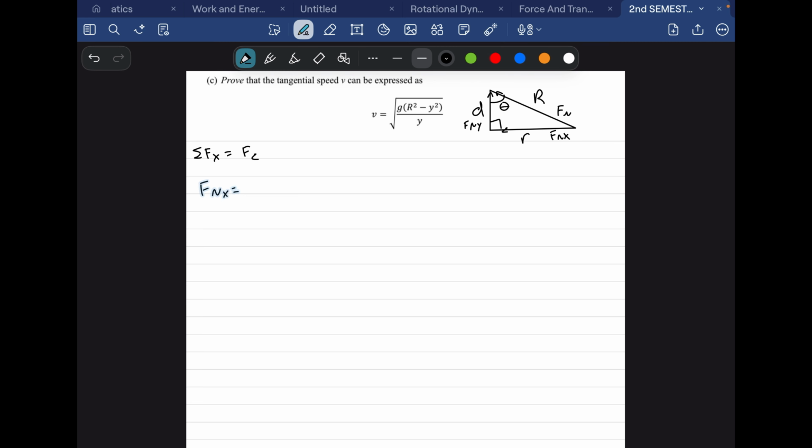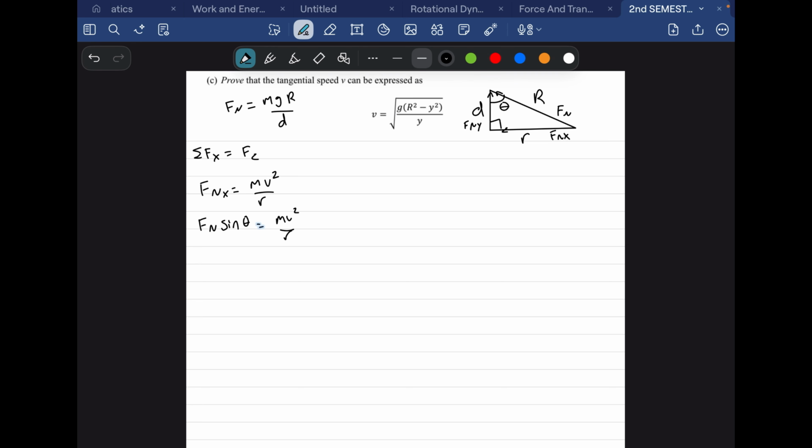Then expand on Fc as mv squared over lowercase r, right? The radius of the circle. Fnx is opposite, so that's Fn sine theta equal to mv squared over r. Earlier we found in part B Fn to be mg capital R over d.